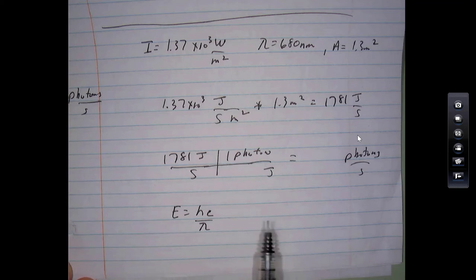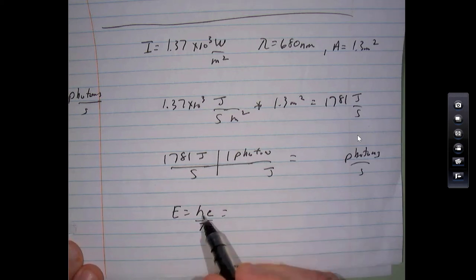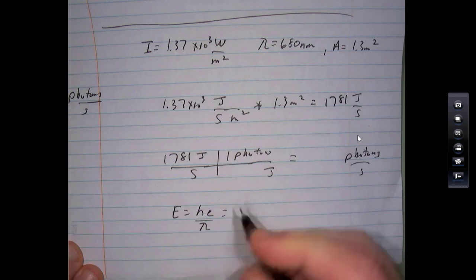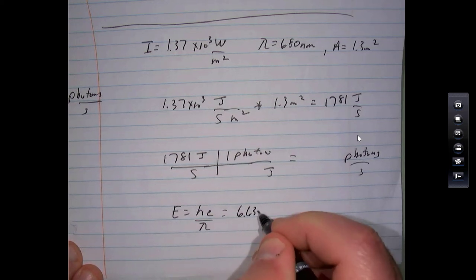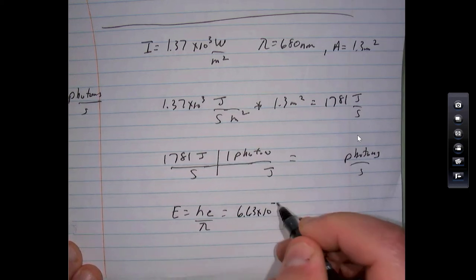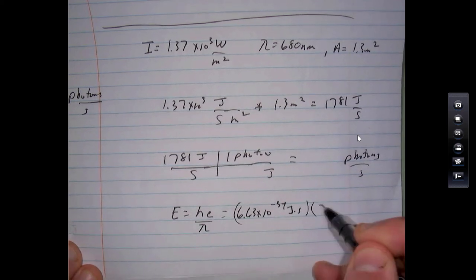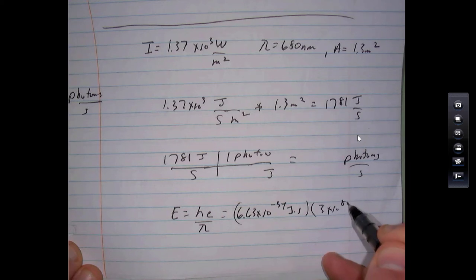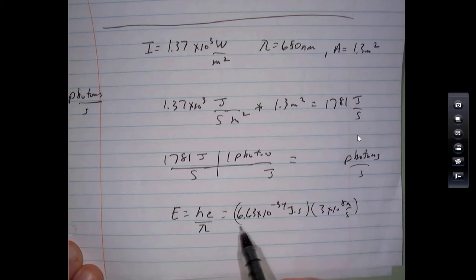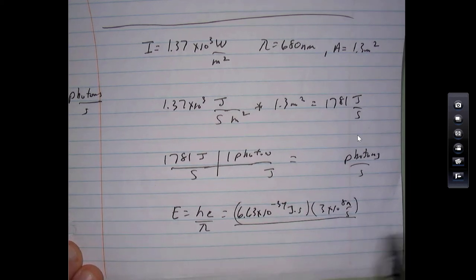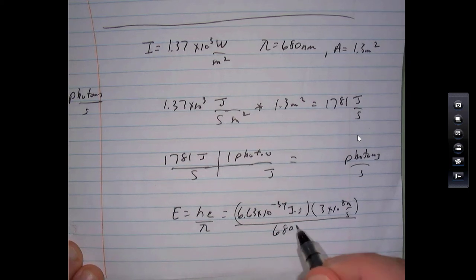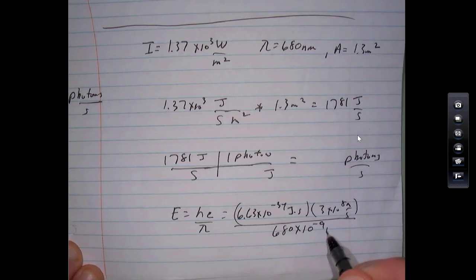I could use the 1240 eV nanometers, get the answer in electron volts, and then convert it over to joules. Or let me do it this way. I'll just expressly put in h, which is 6.63 times 10 to the minus 34th joule seconds, and the speed of light, 3 times 10 to the 8th meters per second, divided by the wavelength, which is 680 times 10 to the minus 9th meters.